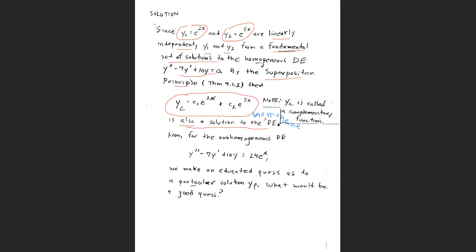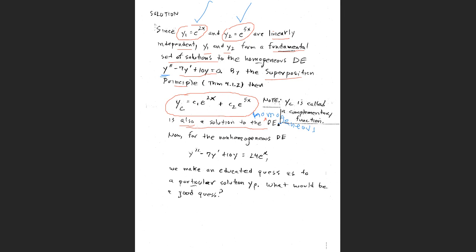Wait, you said we're going to go over the superposition principle later, right? Well, the superposition principle just says that if we have a second order differential equation, and we have two linearly independent solutions to that differential equation, check it out, you can substitute them in.